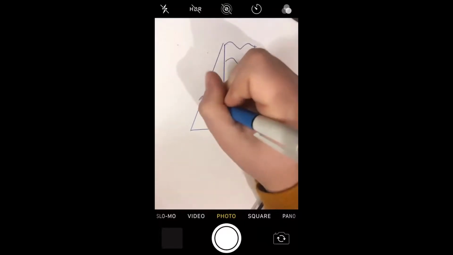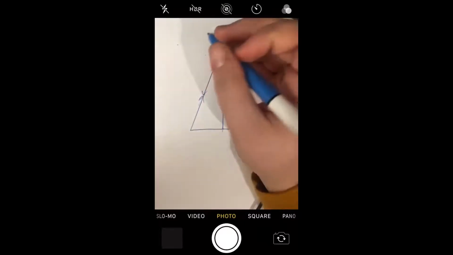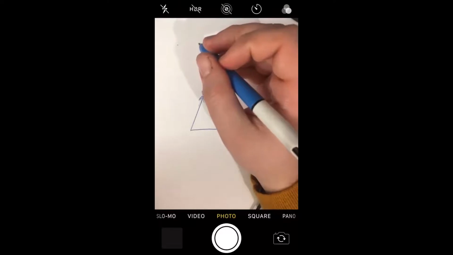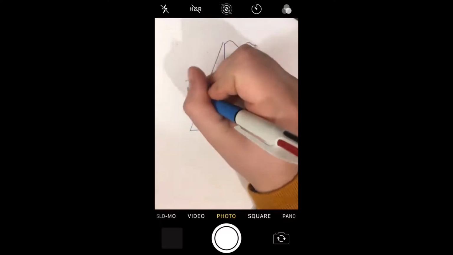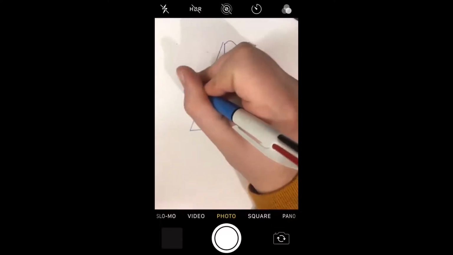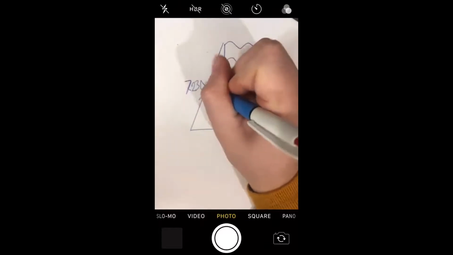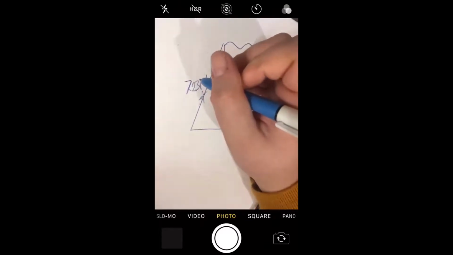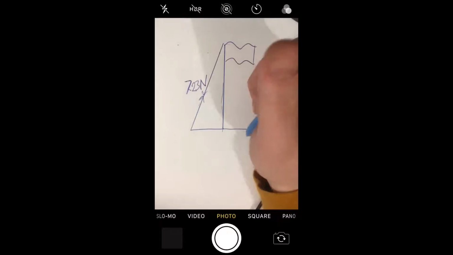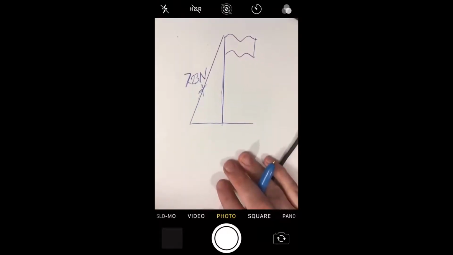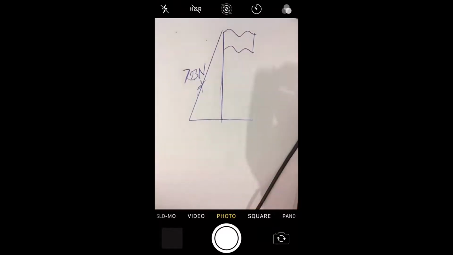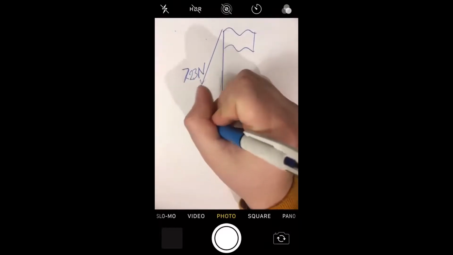That wire has enough tension to pull down at 723 newtons. Force happens to be a vector quantity. So it's pulling down at an angle of 52.7.